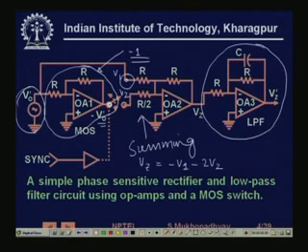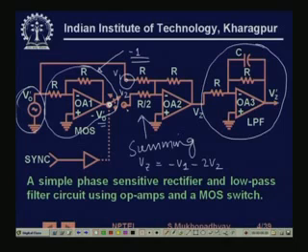Now here is a switch, and the switch is synchronized. Here you have V1 equal to V0 dashed directly connected, and here this minus V0, so this minus V is being switched on and off.